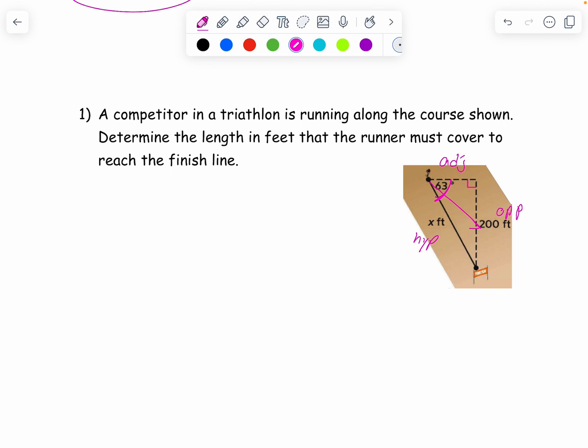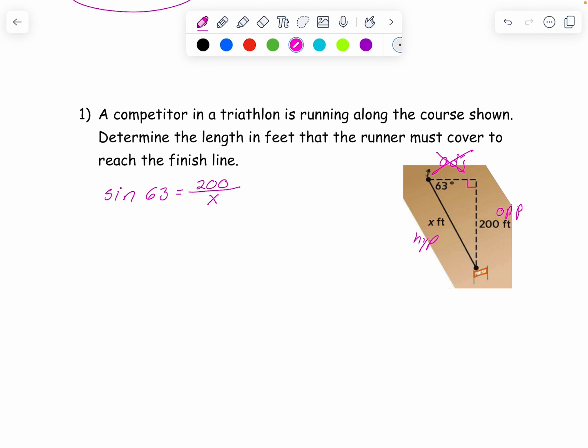We're going to be using that, and so the third side has to be the adjacent. Well, we don't know anything about the adjacent. We're not asked to find the adjacent, so we're not going to use the adjacent. We're going to use opposite and hypotenuse, which again is sine. So we're doing sine of the angle, which is 63, equals opposite, which is 200, over hypotenuse, which is x.